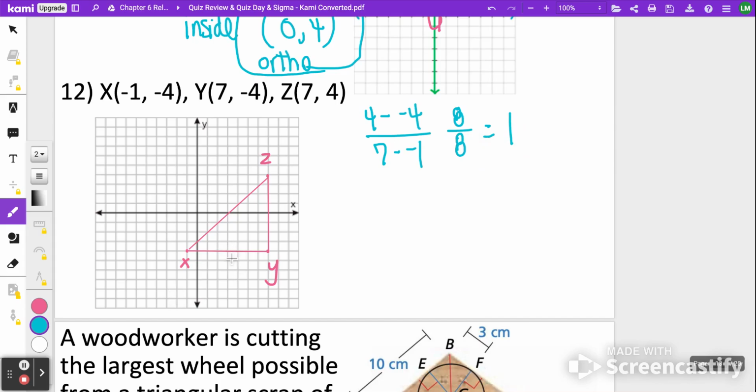So for this whole entire thing, my slope is going to be 1 over 1. And if you look right across from XZ, Y is perfectly right there. So my orthocenter is going to be ending up right here on this right triangle here at 7, negative 4 on triangle.